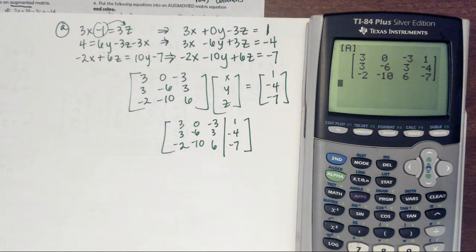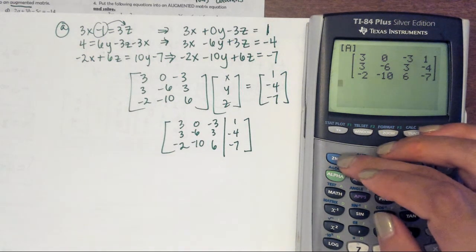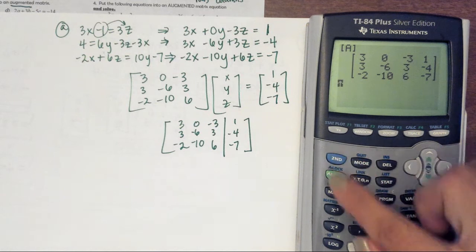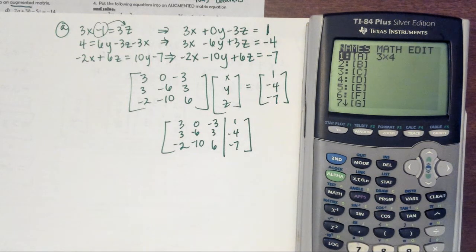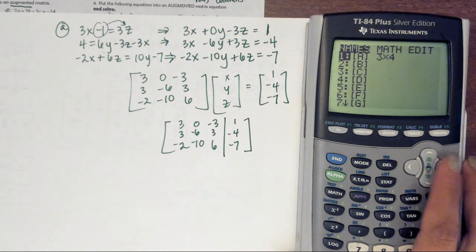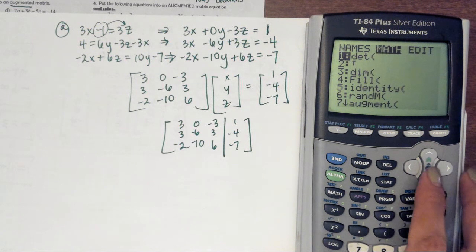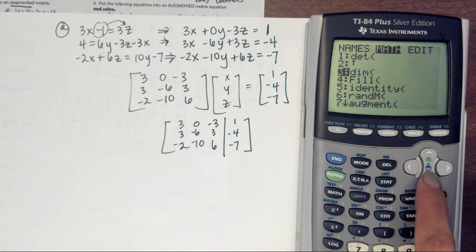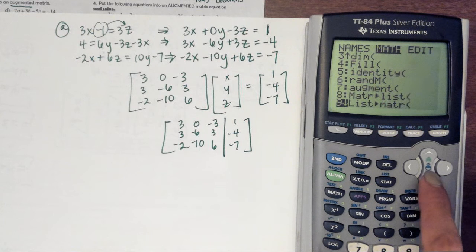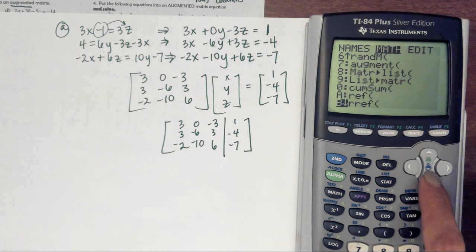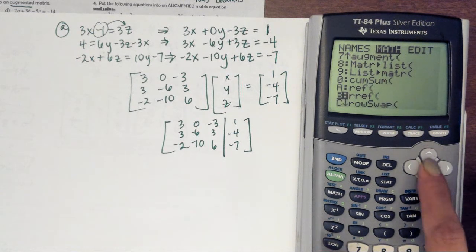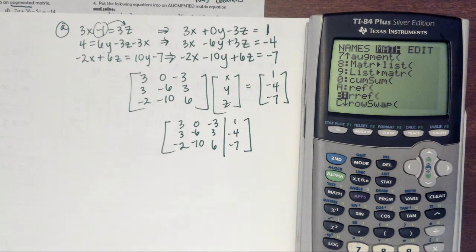Now in order to solve, remember we want to find our x, y, and z answers, so you're going to go back to your matrix button, second matrix. I'm going to scroll all the way to the right to where it says math, and then scroll down all the way to where it says rref. RREF, sounds like a little dog.